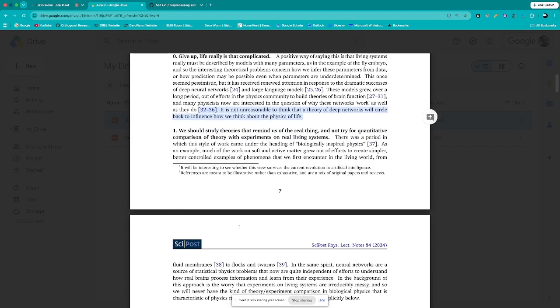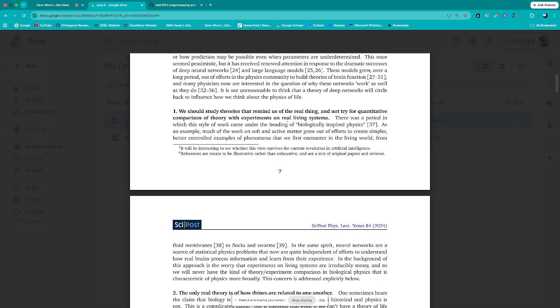Number one, we should study theories that remind us of the real thing and not try for quantitative comparison of theory with experiments on real living systems. So doing biologically inspired physics is not necessarily necessary. As an example, much of the work on soft and active matter grew out of efforts to create simpler, better controlled examples of phenomena that we first encounter in the living world, from fluid membranes to flocks and swarms.